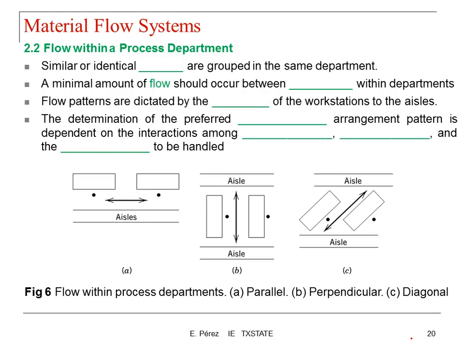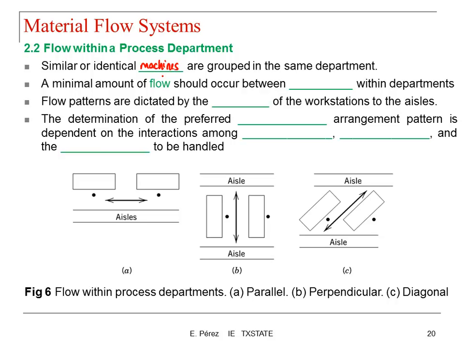Now, in terms of flow within a process department, we're going to have similar or identical machines grouped in the same department. When I was working for Johnson & Johnson, since we were developing the Tylenol and so on, we might have, let's say, three lines of the same process in the same department, so we can get more production from the area.